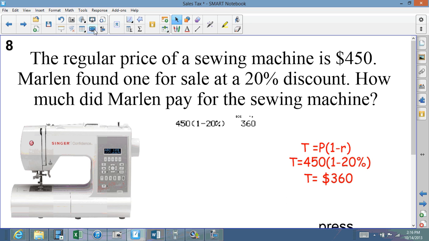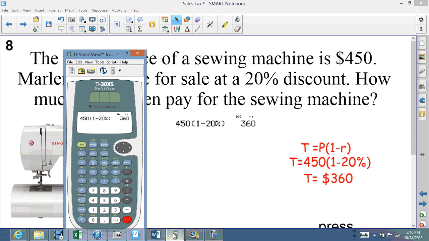So this formula works, whereas we could have done it the other way, and let's do it the other way. Just quickly go back and show you the other way, where you have $450 was the cost. And let's clear everything. $450 was the cost, and we multiply that by the 20% discount that she receives.